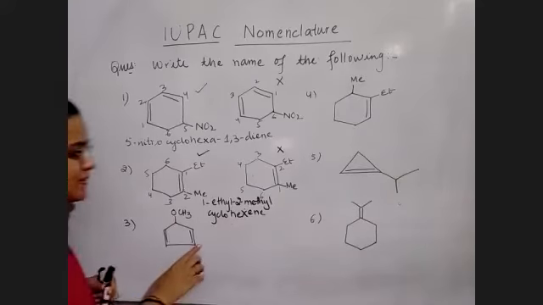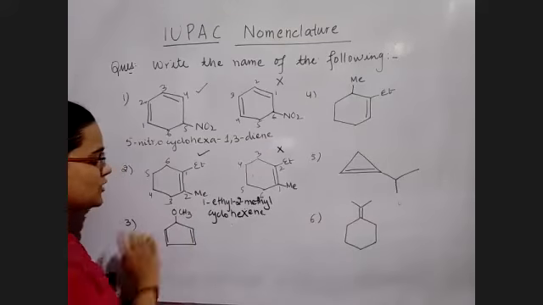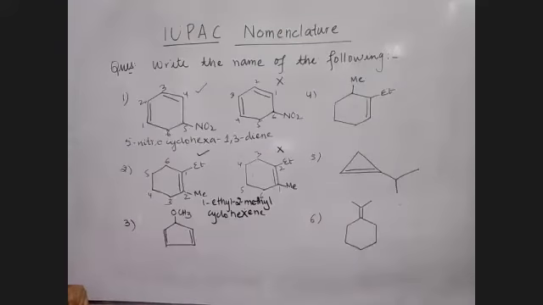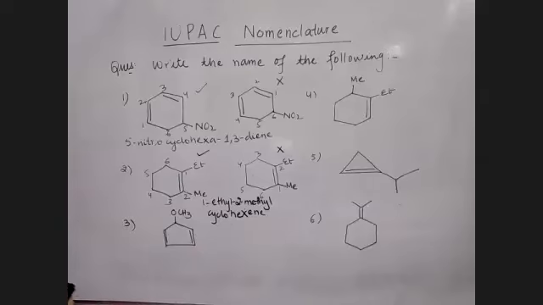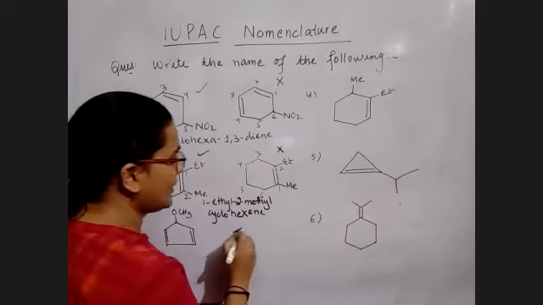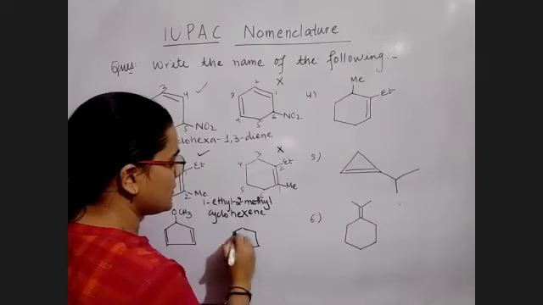You can start it from this side, 1, 2, 3. But numbering should be done in this way, so that the double bond should be at the 1 and 3 position, not at the 1 and 4 position.